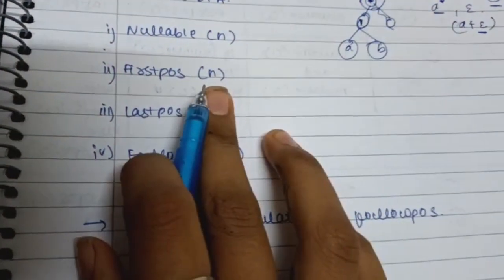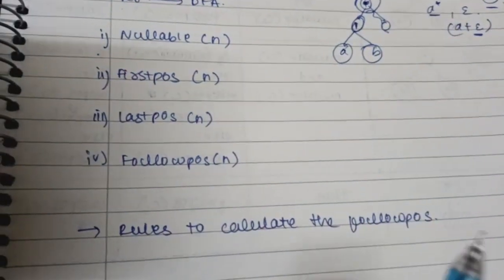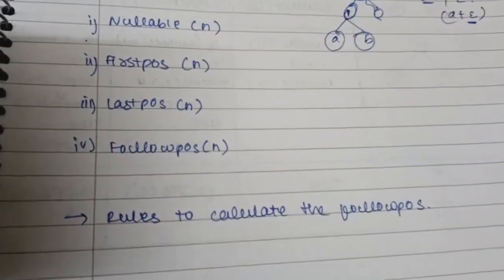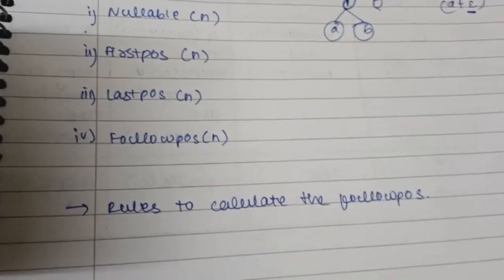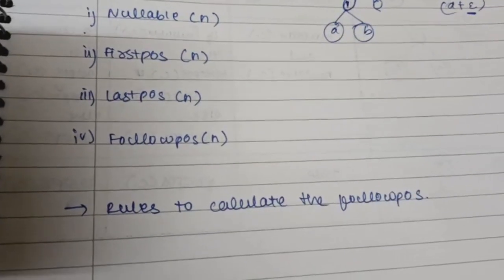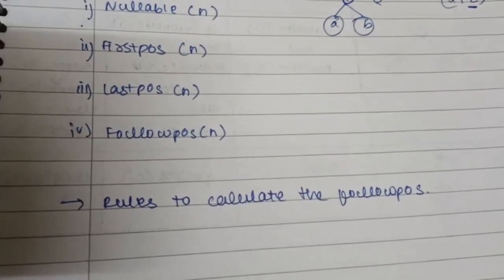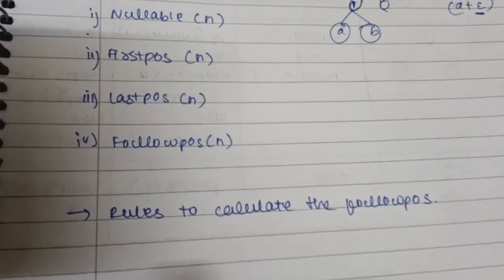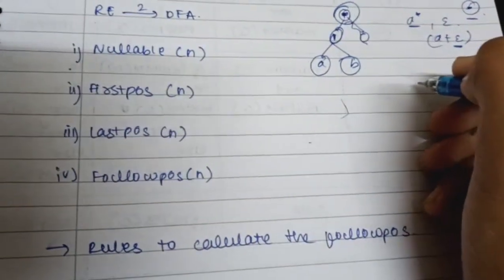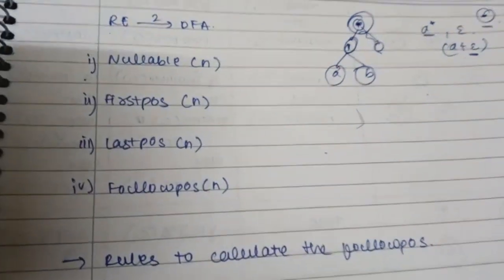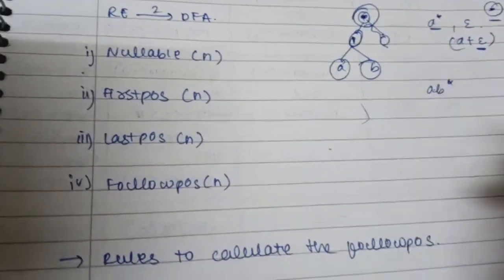Next we have the first position. This refers to the positions in the syntax tree where the first character of a potential match can be found. Think of it as an initial position or starting point in the expression which can match part of the string. For example, say there is a regular expression A B star.